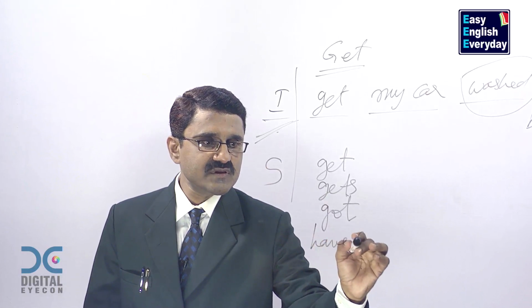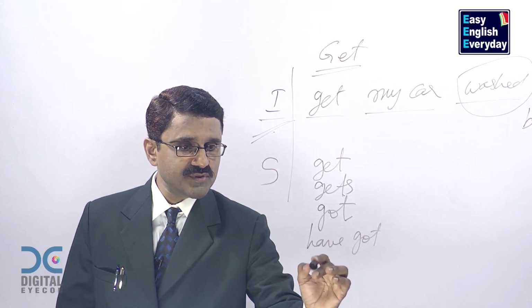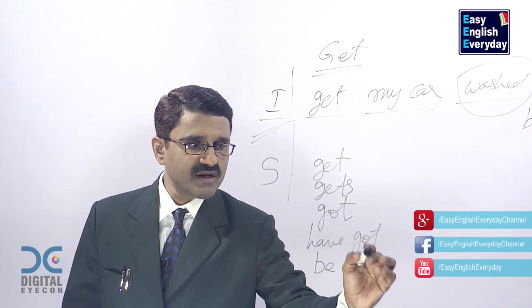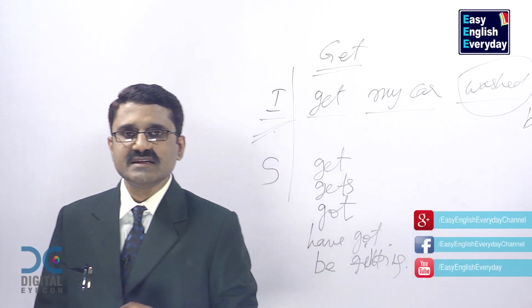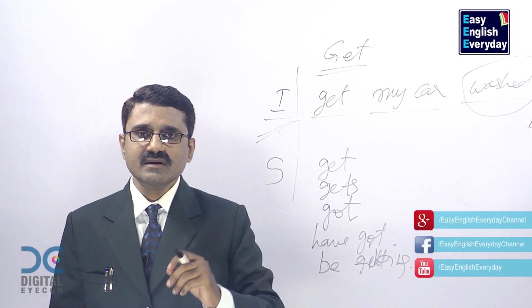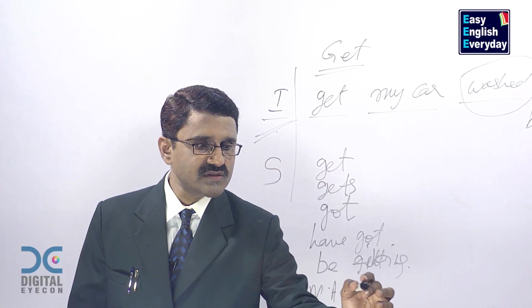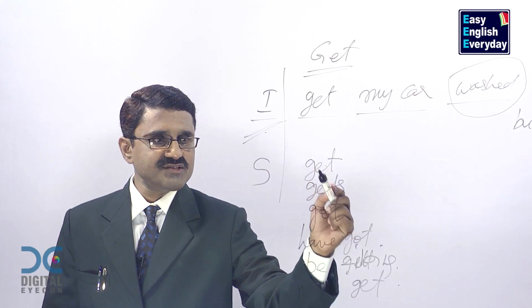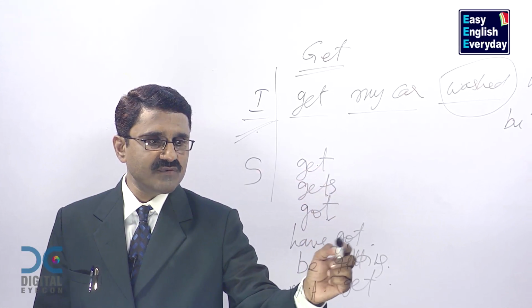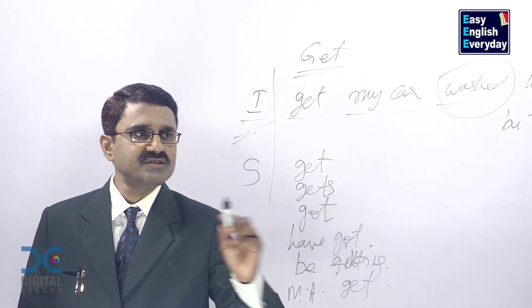Then you can use have or has or had got. Then you can use be form plus getting, that is am getting, is getting, are getting, was getting, were getting. Then you can use any modal auxiliary and get. Get, gets, got, have got, be plus getting, modal auxiliary plus get.